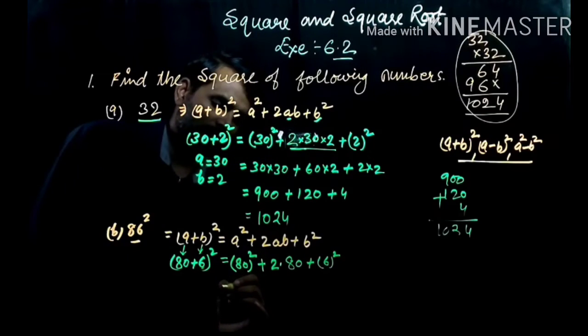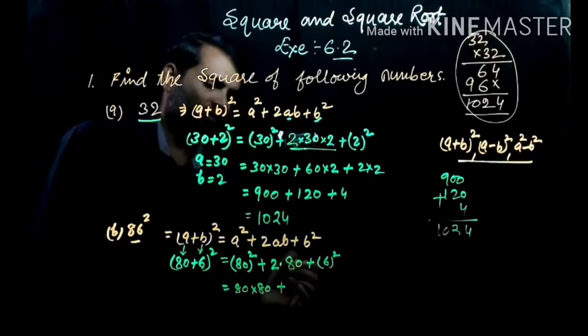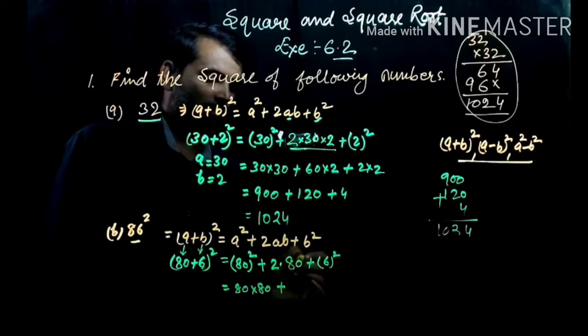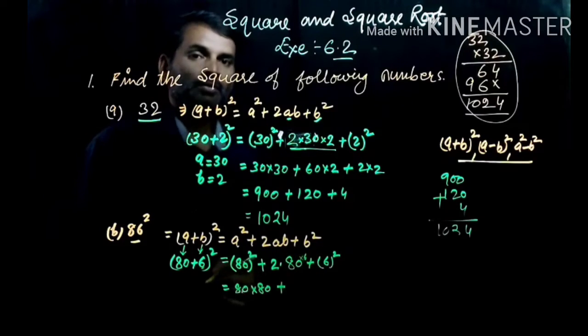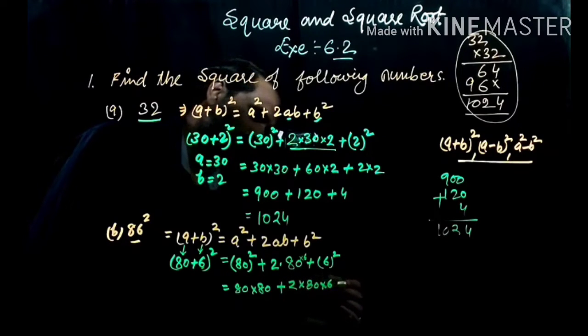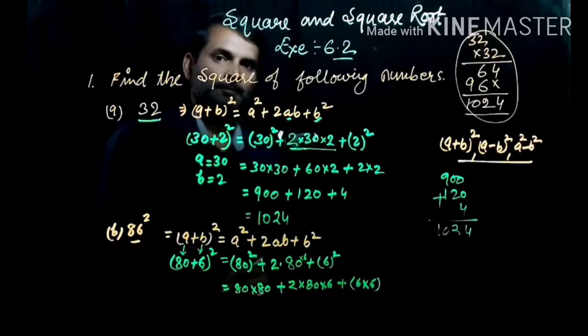80 square means 80 into 80, plus, here one term was missing, 2a into b, where b is 6, so 2 into 80 into 6, plus 6 square, which is 6 into 6.